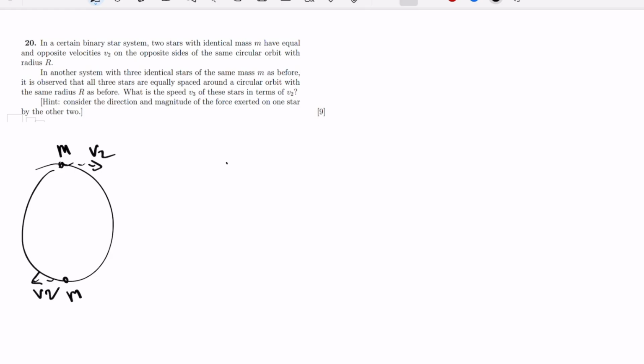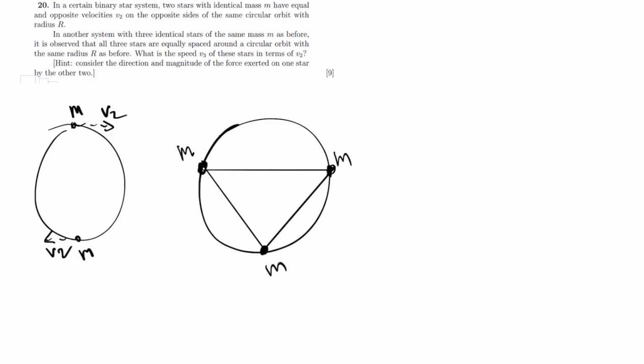Okay, this is really interesting. I think they're going to form an equilateral triangle. So we're going to have one over here, one, let's say, over here. This one here is m, this one here is m, and then this one here is m. So what this question is asking is, what is the speed v3 of these stars in terms of v2?